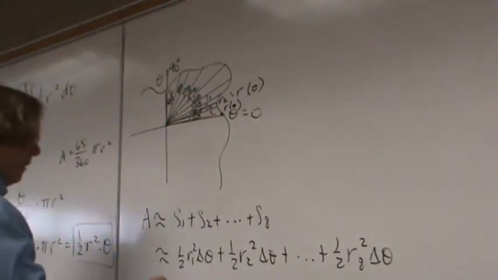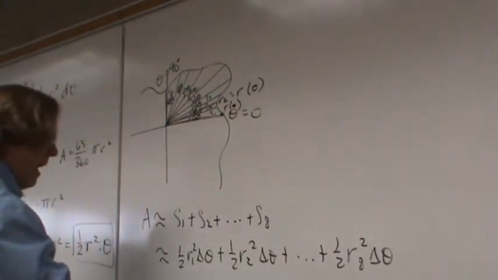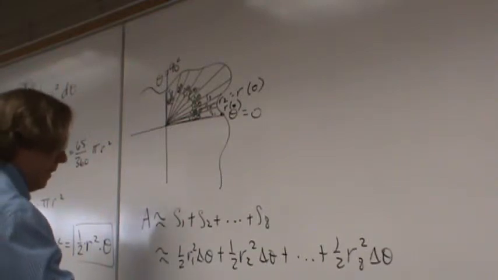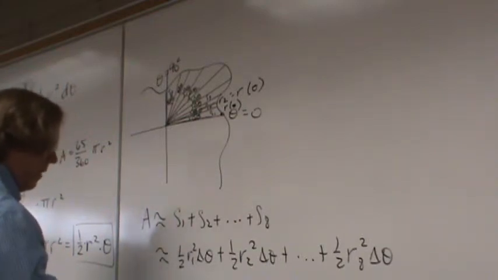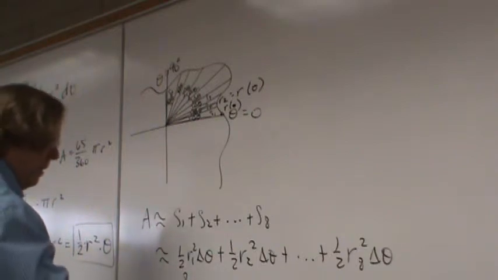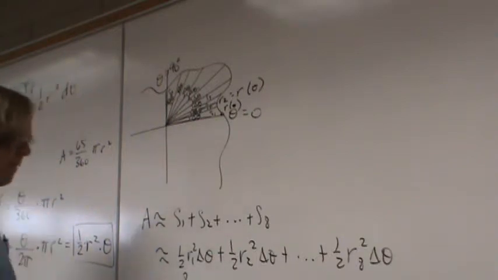Which means it's the sum of 1/2 r squared as n goes from 1 to 8, times delta theta.